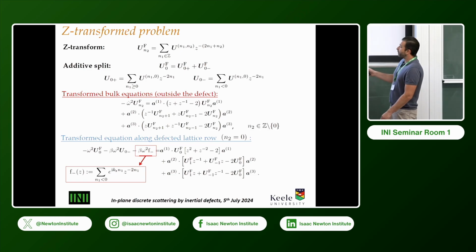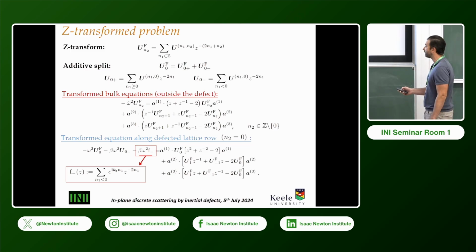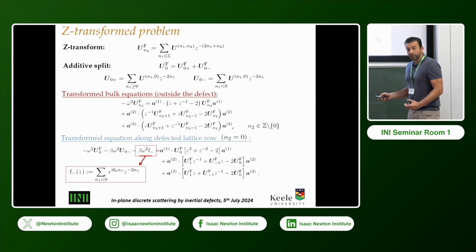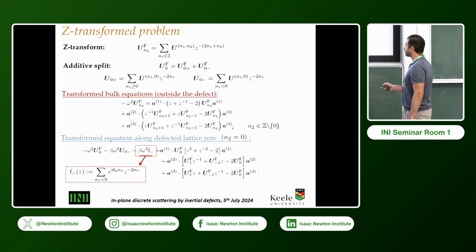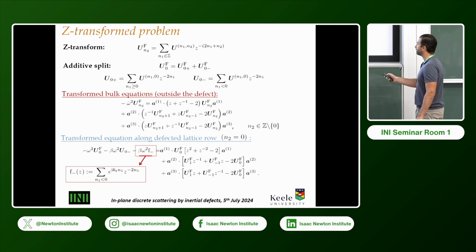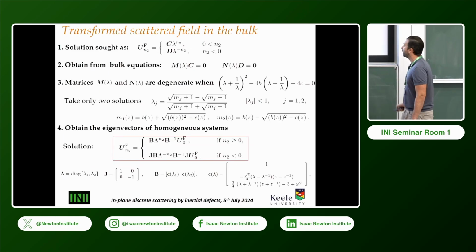Then, if you do this along the defected row, then of course you start to pick up the half transforms, because we had a Heaviside function to represent the contribution of the inertial defect. And you have a transform of your load corresponding to that incident wave that appears in those equations. Now, we're going to solve these first, and then come back to this.